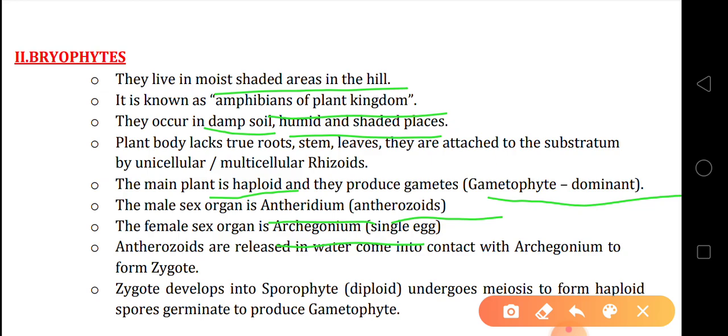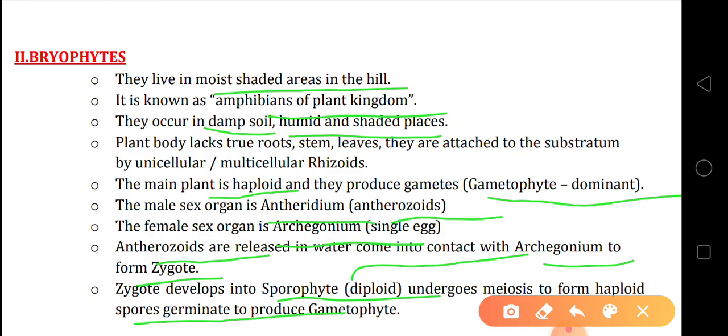The antherozoid from the antheridium and the egg from the archegonium fuse together and fertilize to form a zygote. The antherozoid, that is the male gamete, is released in water and comes in contact with the archegonium to form the zygote. The zygote develops into a sporophyte, a diploid phase, which undergoes meiosis to form haploid spores that germinate to form the gametophyte.